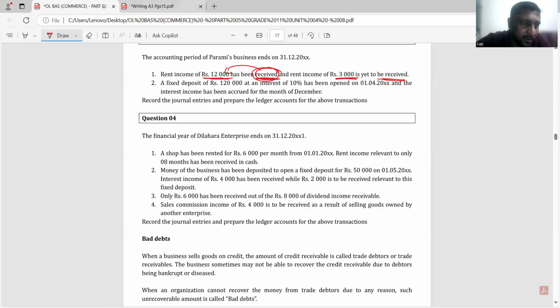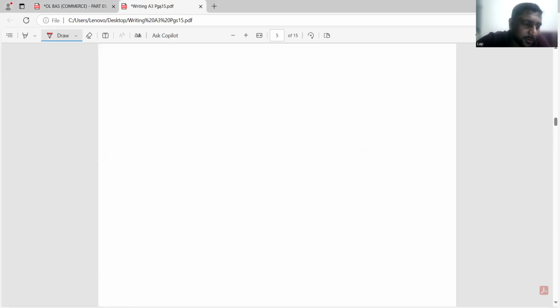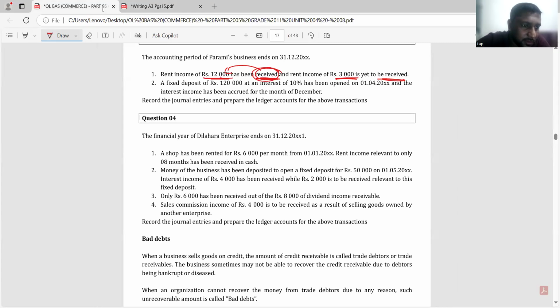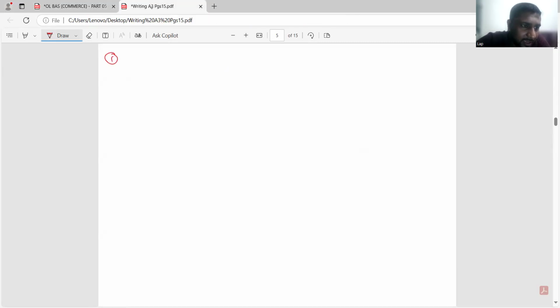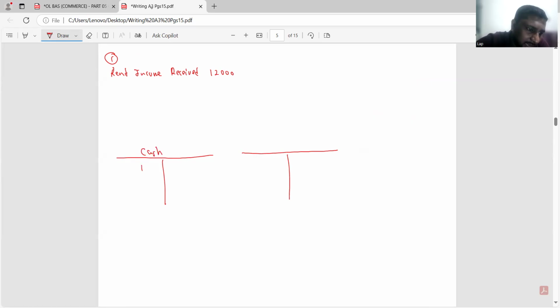So here we'll do rent income received. The received amount is 12,000. So double entry is very simple. What's the double entry? Cash account will be debited by 12,000.